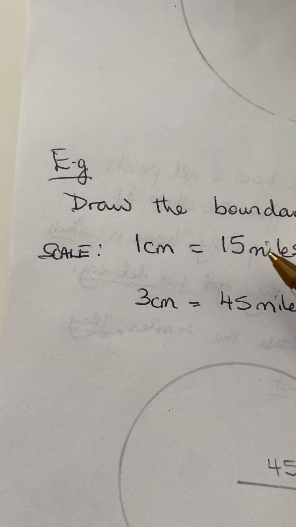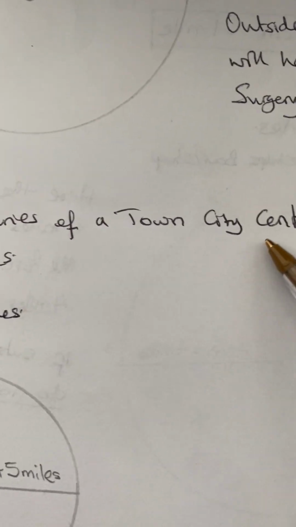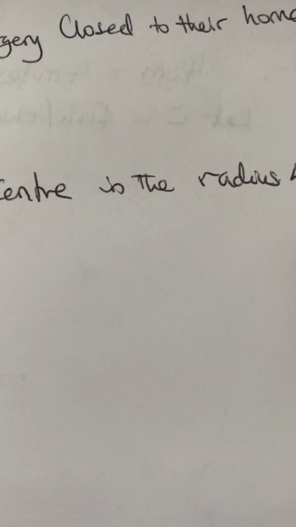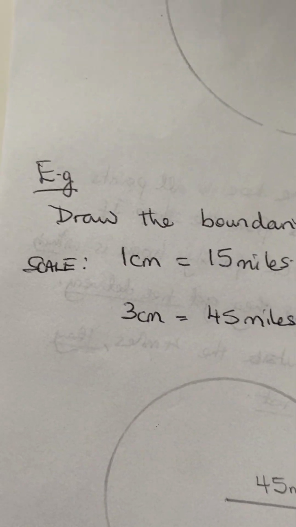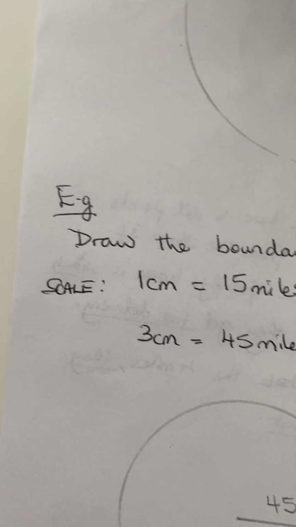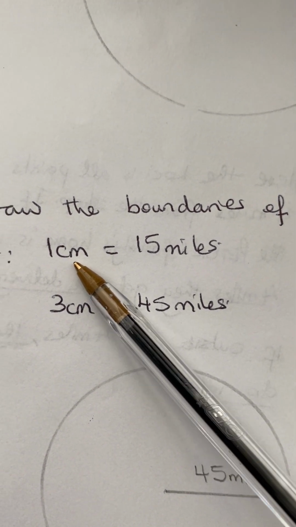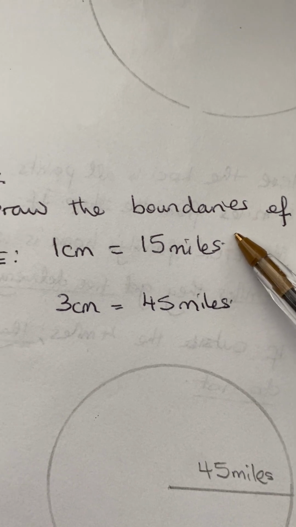Now, another one. Draw the boundaries of a town city center in the radius of 45 miles. So this is a town city center. Now they've given you a scale of 1 centimeter to 15 miles.